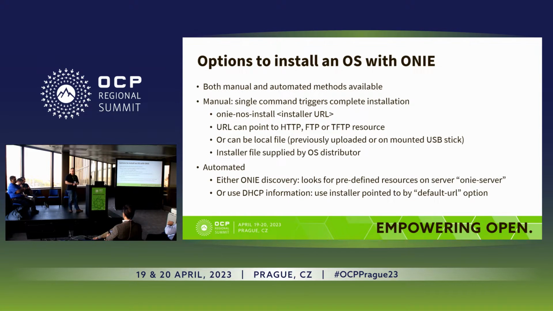Or the more flexible way, and I think most people would use that one, is using DHCP information from your DHCP server. There's a default URL option that you can configure on the DHCP server, and if that is provided to the ONIE switch, then it will use that default URL, retrieve the image file from it, and start the installation from there.